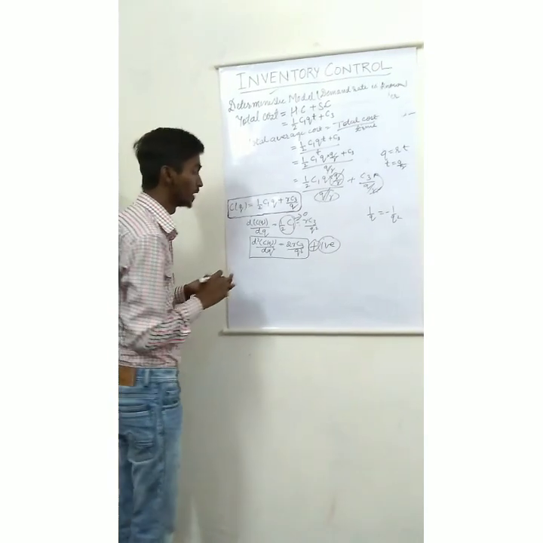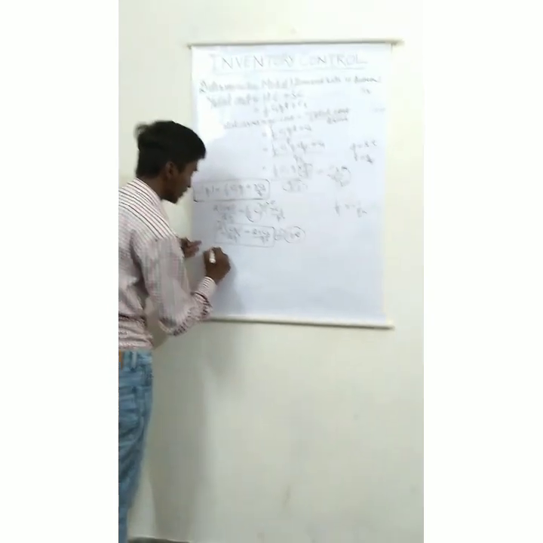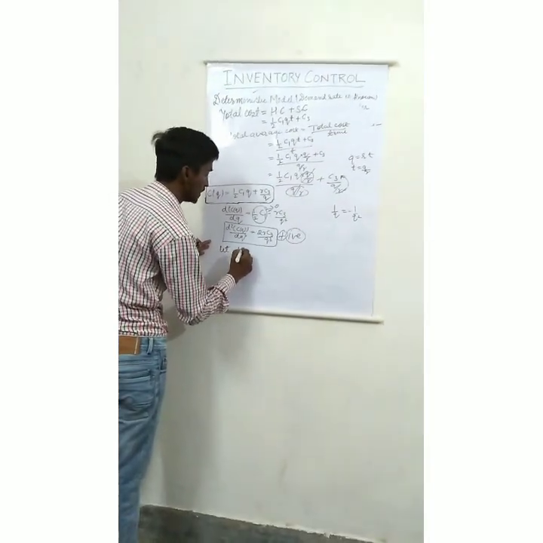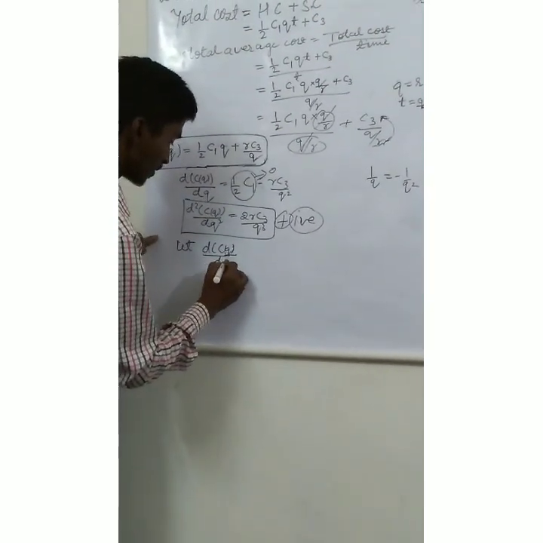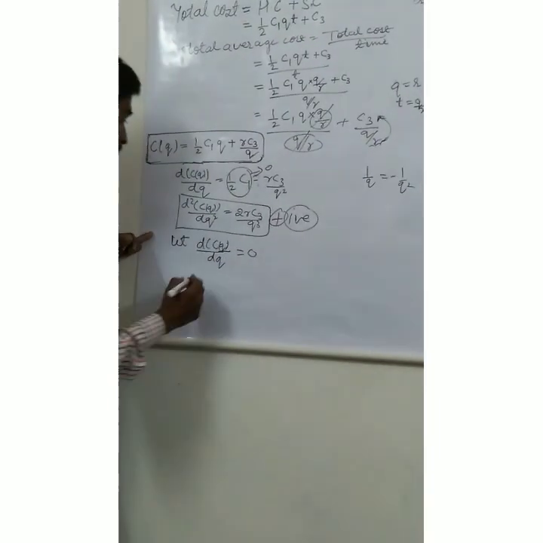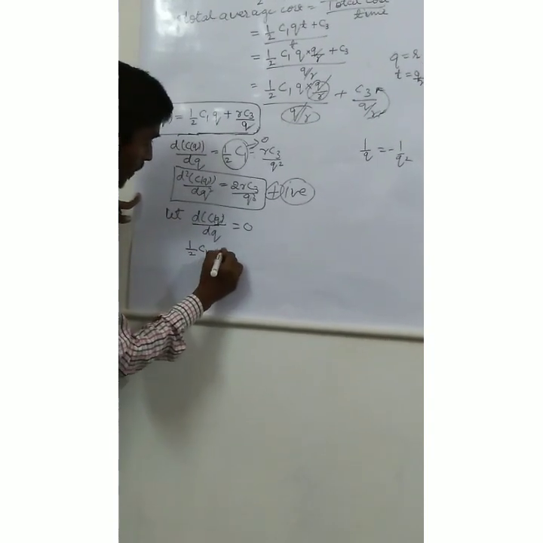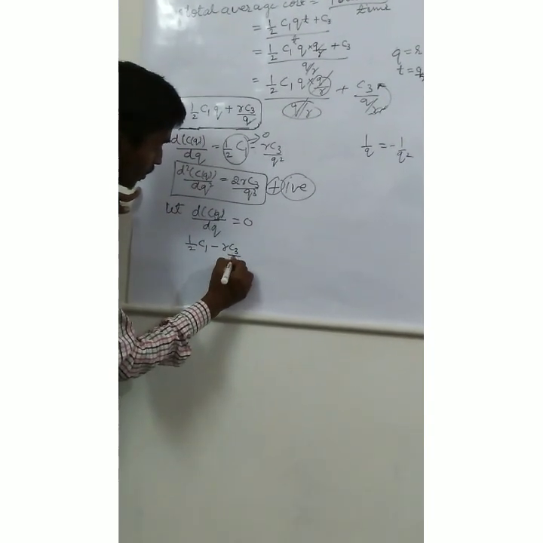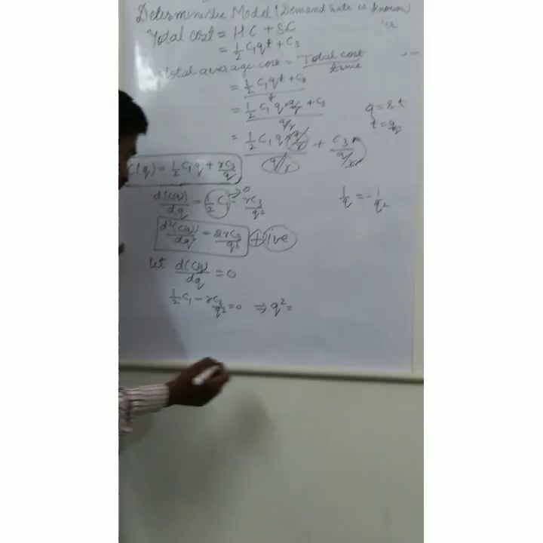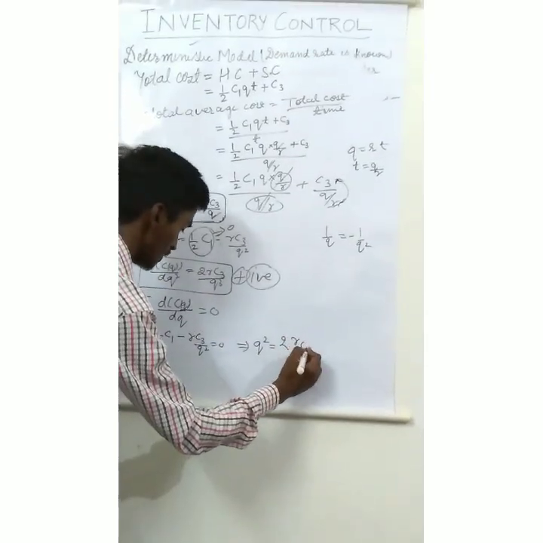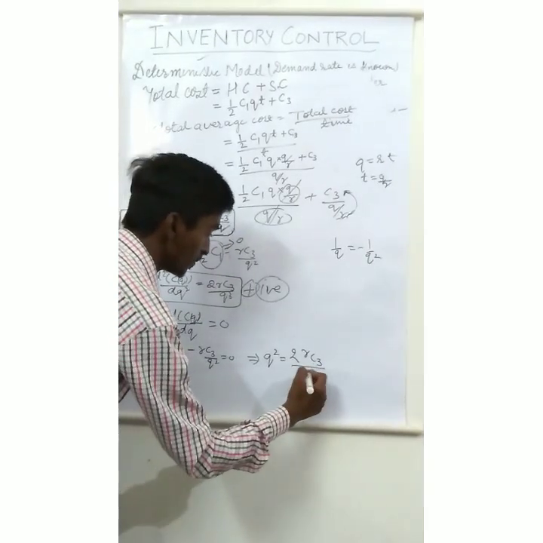So now we will find the economic lot size. For the economic lot size, we equate the first derivative DC by DQ to 0. First derivative 0 means 1 by 2 C1 minus R C3 upon Q square is equal to 0, which gives Q square is equal to 2RC3 upon C1.